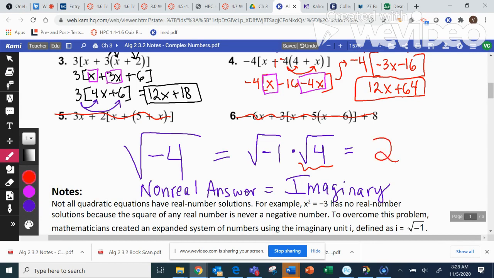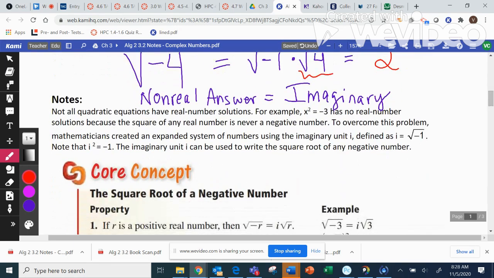Now here's what you're learning new today, and it's right down here. The square root of negative 1 is lowercase cursive i. i stands for imaginary. It's an imaginary number. The square root of -1 is i.